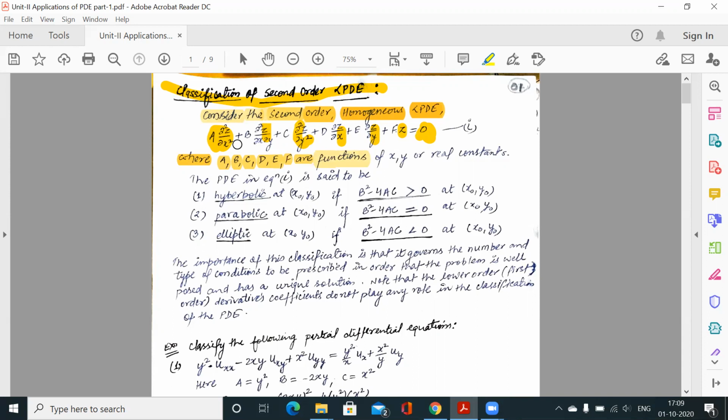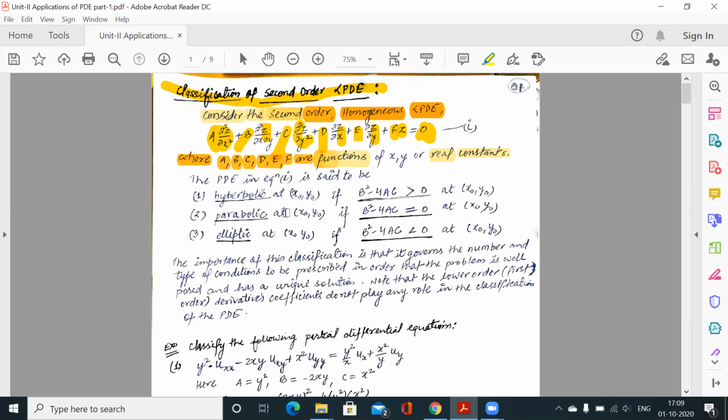Where these coefficients a, b, c, d, e, f are either functions of x, y or real constants. Clear? Some coefficients may be constant, some may be in terms of x, y. Whatever the case, they are either in terms of x, y or real constants.